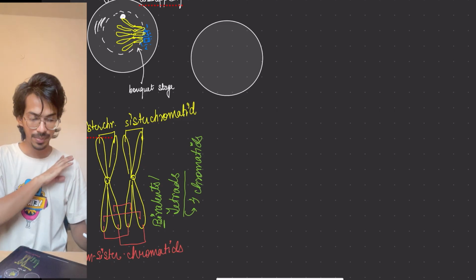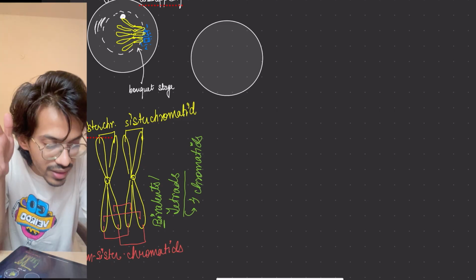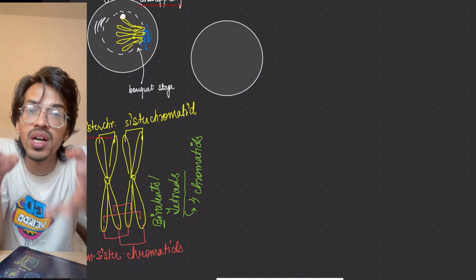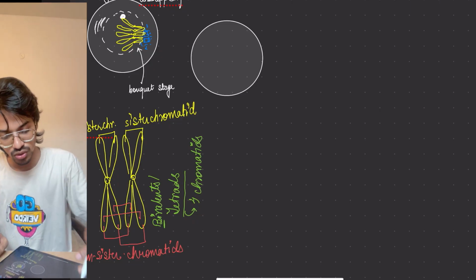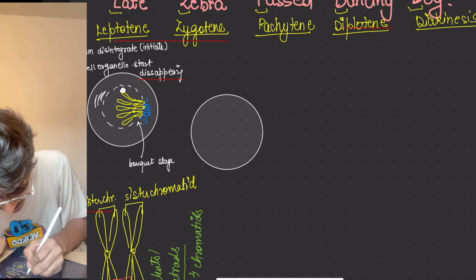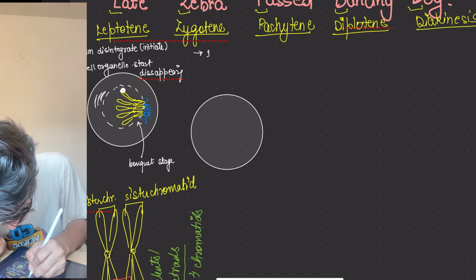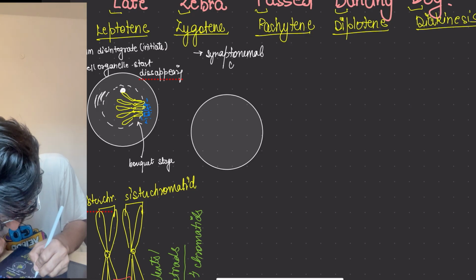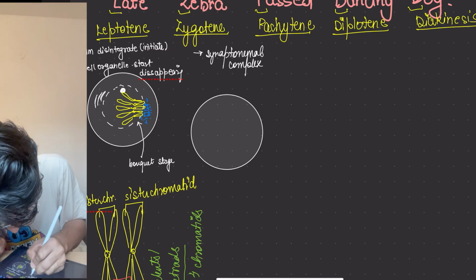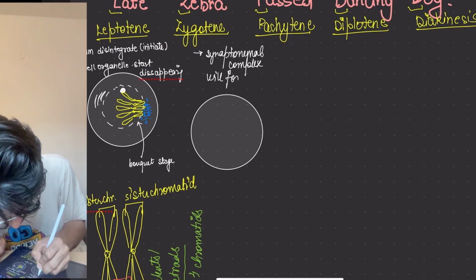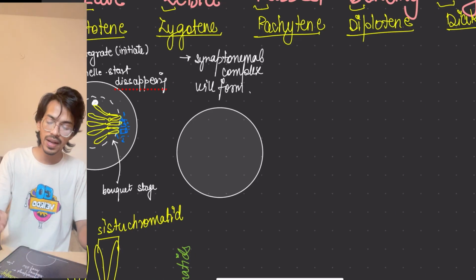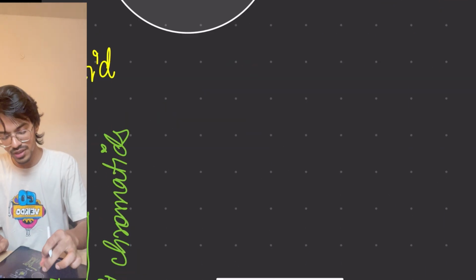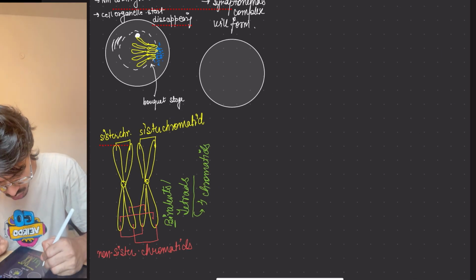Now what will happen during this stage? This stage will initiate the beginning of formation of the synaptonemal complex. So this becomes an important statement: during zygotene, the synaptonemal complex will form. What is this synaptonemal complex? Let's see with respect to the chromosome.